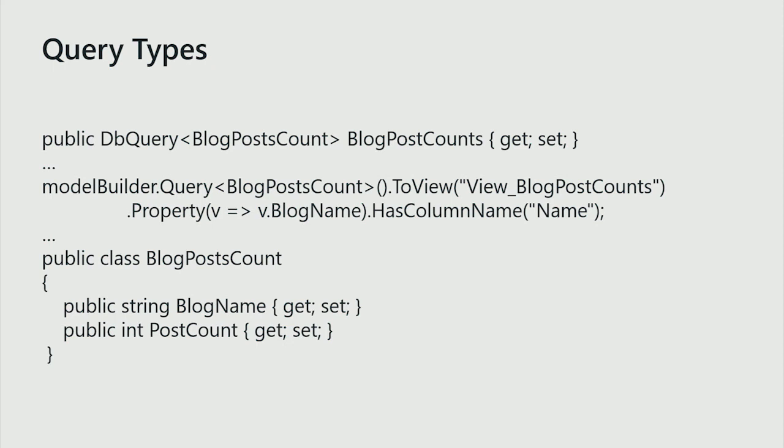So this view, blog post counts. This view has 2 properties. It has a blog name and a post count. I have to explicitly set that new type up in C# that matches the view. When you have Entity Framework go through your code through scaffolding, it's called automatic scaffolding, where it will create those classes for you.